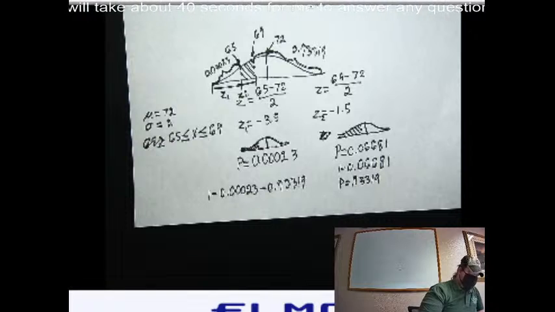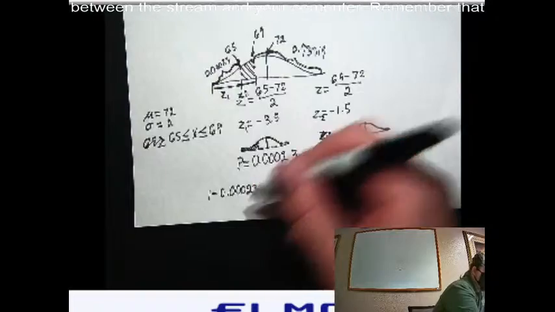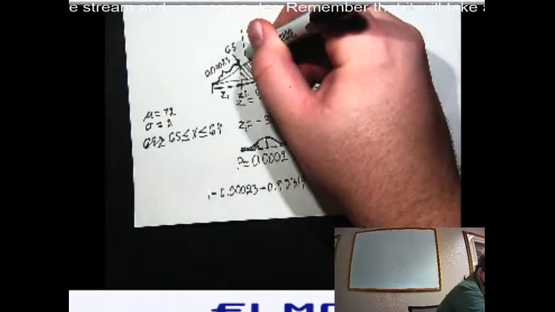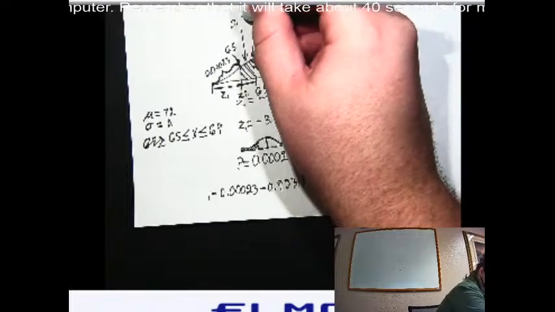So 1 minus 0.00023, and then minus another 0.93319 gives us that this part here in the middle is 0.06658.